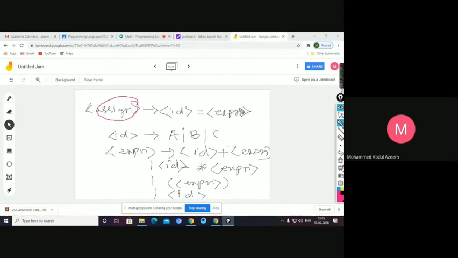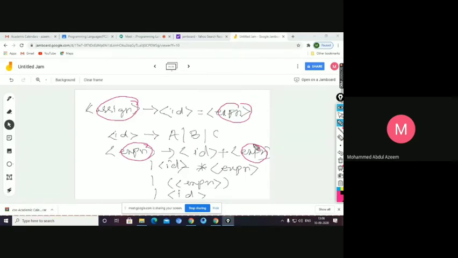Now this expression is defined as ID plus expression. You can see here, you find this expression on the right hand side. See, if the LHS part is available in the RHS part, we say this kind of rule is a recursion.